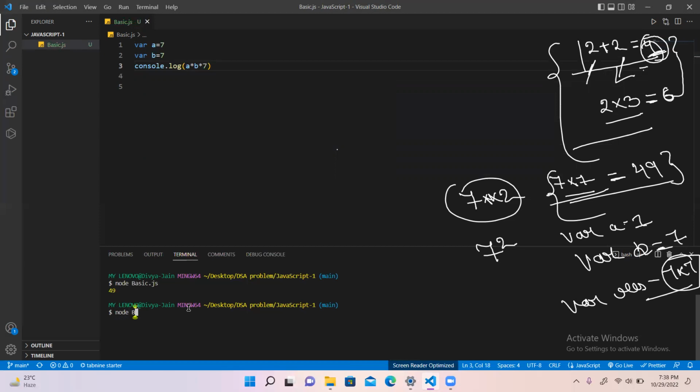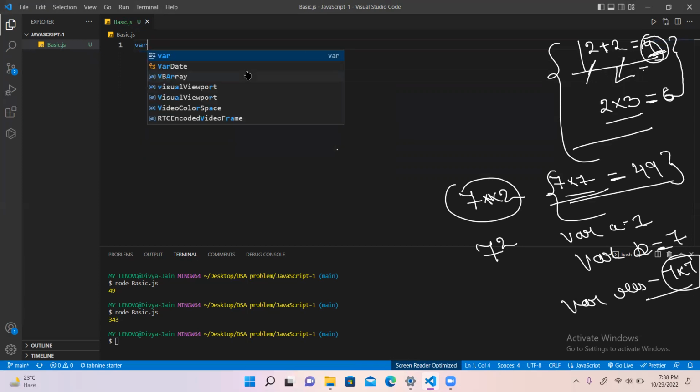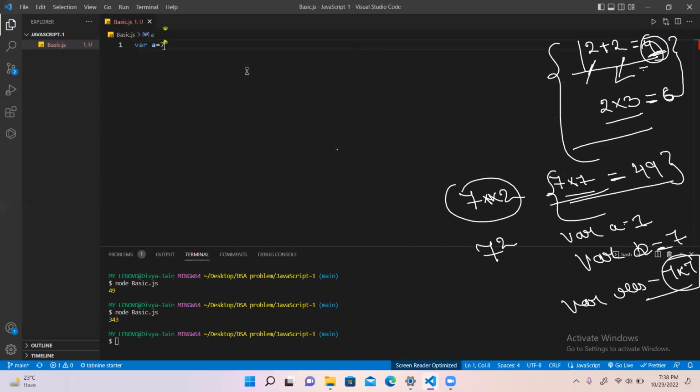Okay, wait. I'm just taking an example. After that, you can clear this. So you can show the value of 7 raised to the power 3. Okay. So how to simplify that? So first of all, you can rub this code and now you can write where a equal to 7.